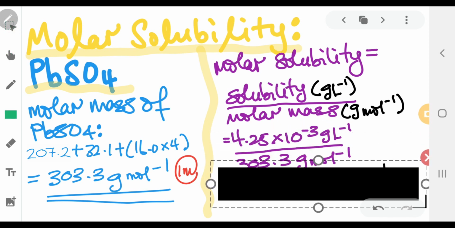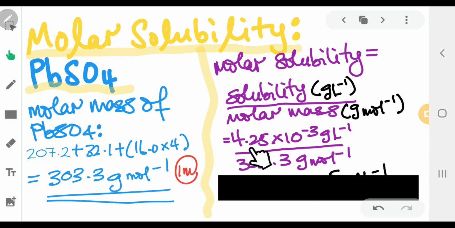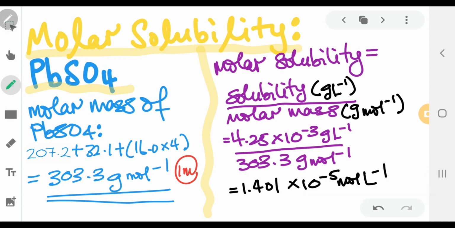Once you've done that, you get something like this. So 4.25 times 10 to the power of -3 gram per liter, this is given to you. Divide by the molar mass that we have worked out just now. And we should be able to know what is the molar solubility of lead sulfate.